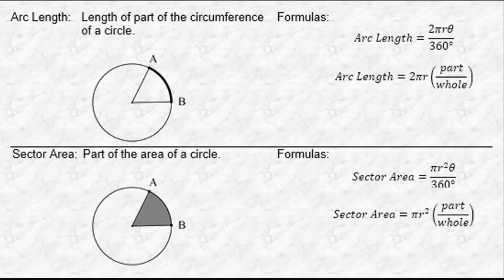Now, one other thing. The state that I'm in, which is the state of Georgia, historically has presented arc length in this format here, and sector area in that format here. What those are are proportions solved.